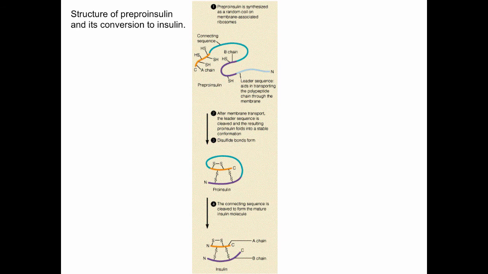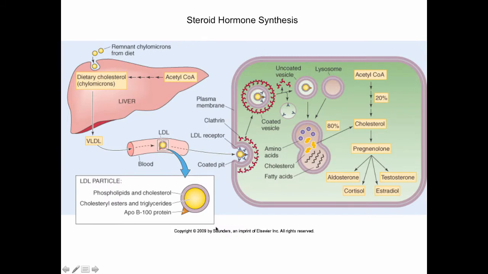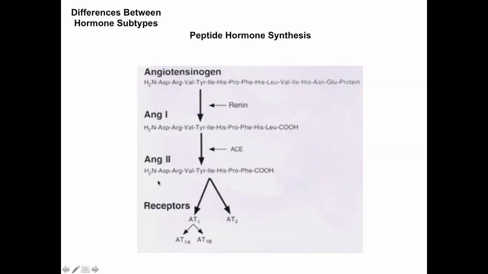So the form of the hormone that gets ultimately released into the bloodstream is the final active form. In the case of angiotensin II, however, the liver produces this precursor. The liver produces angiotensinogen and releases it into the bloodstream.